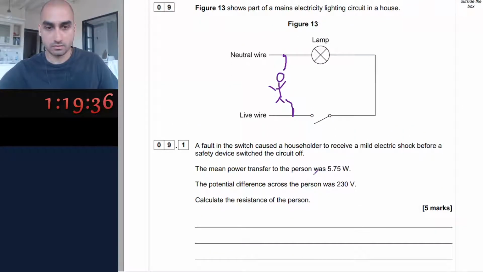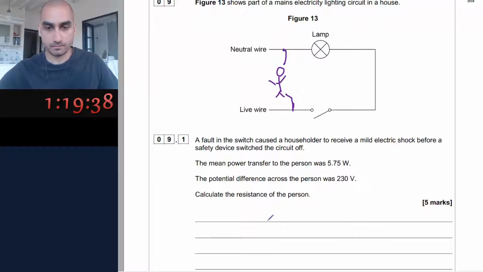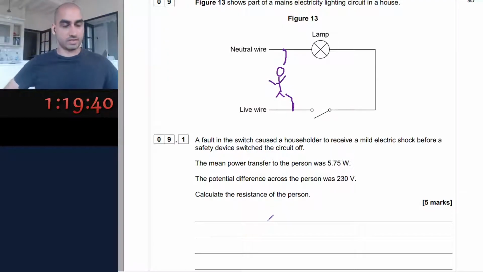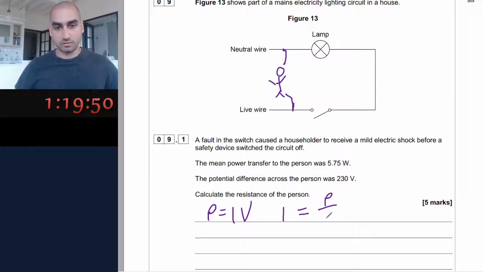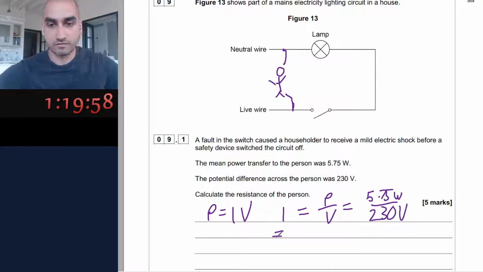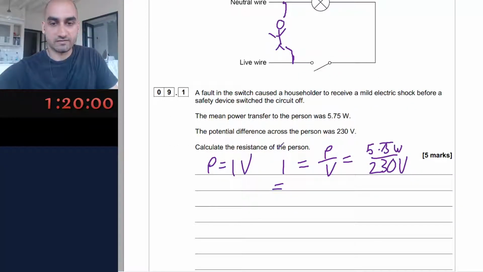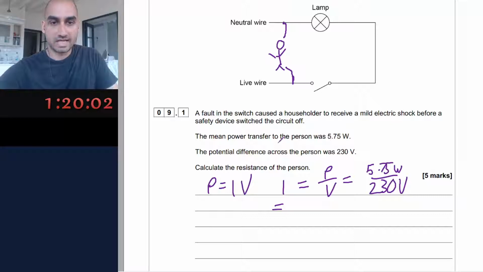Okay. P equals IV. Yeah, P equals IV. I equals P over V equals 5.75 watts over 230 volts. So is the lamp relevant?